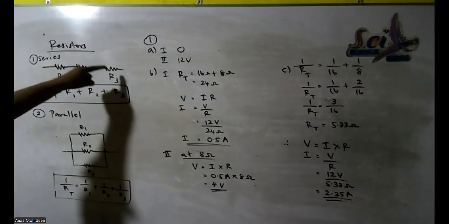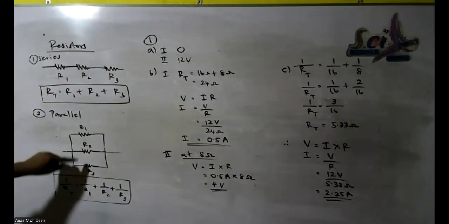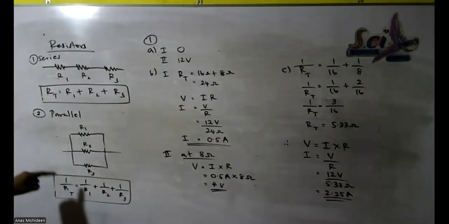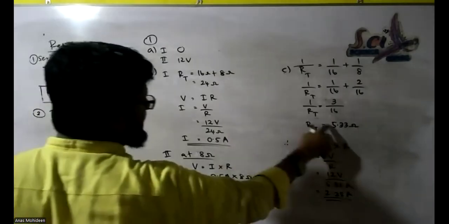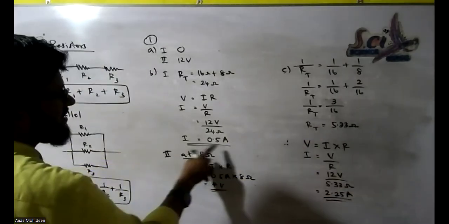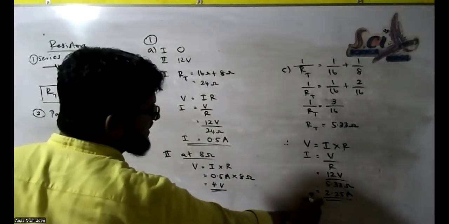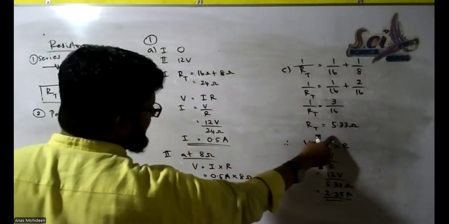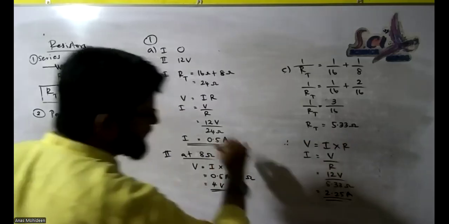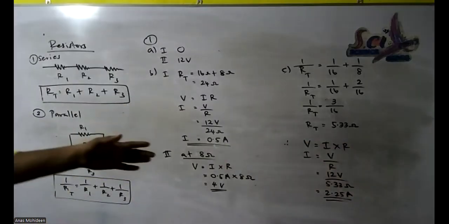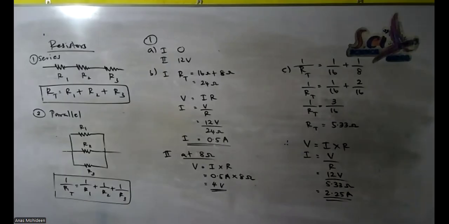When the same resistors are connected in parallel, total resistance value drops down. You can see how much it has dropped. So when the resistance is reducing, current increases. Resistance decreases, current increases for the same voltage. So you can see the current has been very much increased.